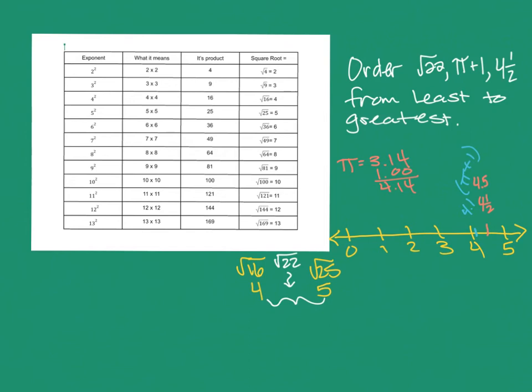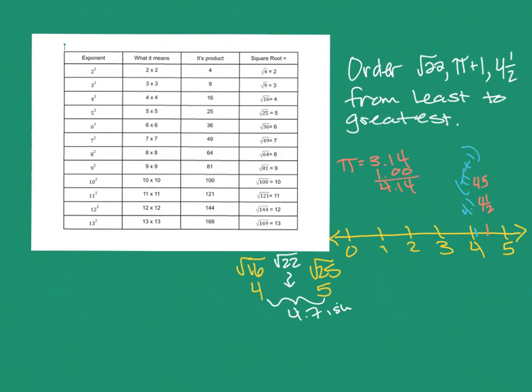It's closer to the 25 than it is to the 16, so it's going to be higher than a 4.5. So somewhere in the 4.6, 4.7, 4.8-ish. Let's go with 4.7-ish. Now, if it were falling right in the middle at 4.5, then I might get even more exact and start multiplying to find out exactly where, because I'd have to compare it and see, did it come out higher or did it come out lower?